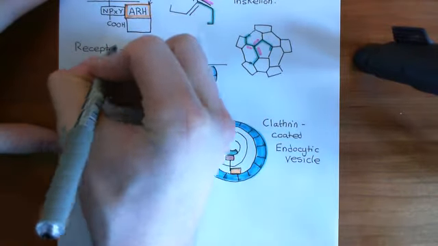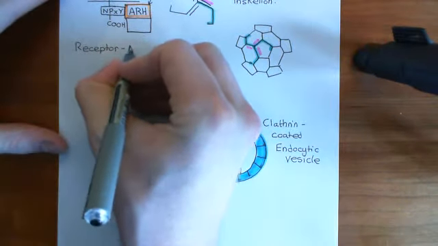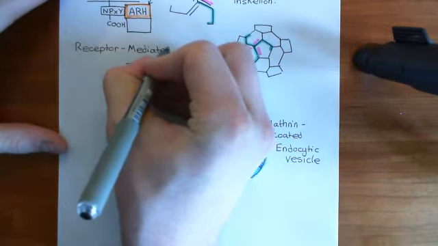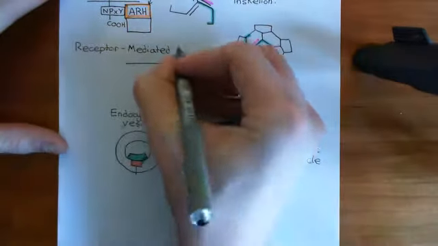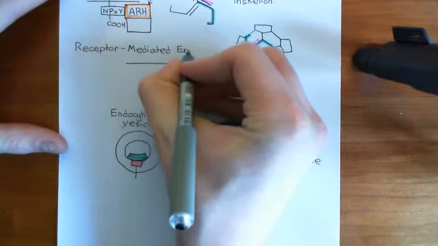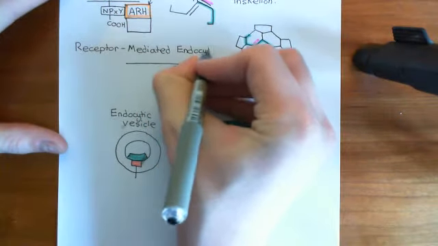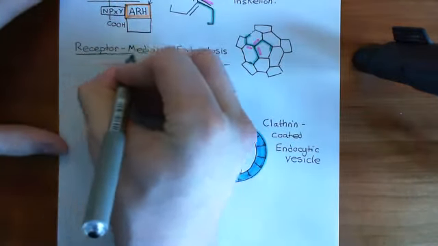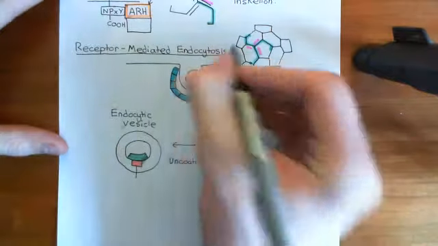So this is an endocytic process, and because the receptor was totally in charge here and caused the whole endocytosis of the LDL molecule, it's called receptor-mediated endocytosis. Right, and the LDL receptor is one of the archetypal examples of receptor-mediated endocytosis.